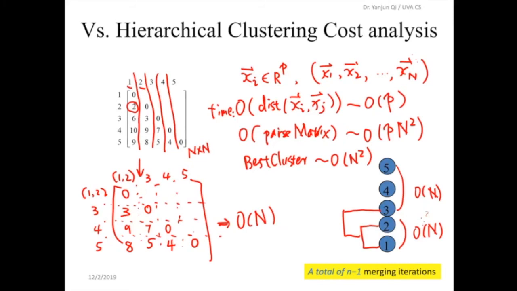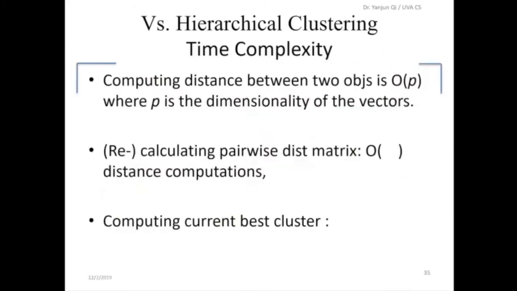This is called the distance matrix calculation. And when you have the matrix, you need to calculate the best cluster for the current state, right? The majority of the cost, in fact, is in recalculating the pairwise distance matrix. This is the dominating cost.